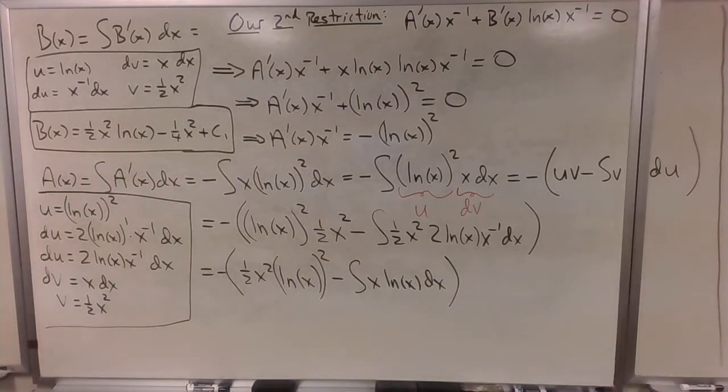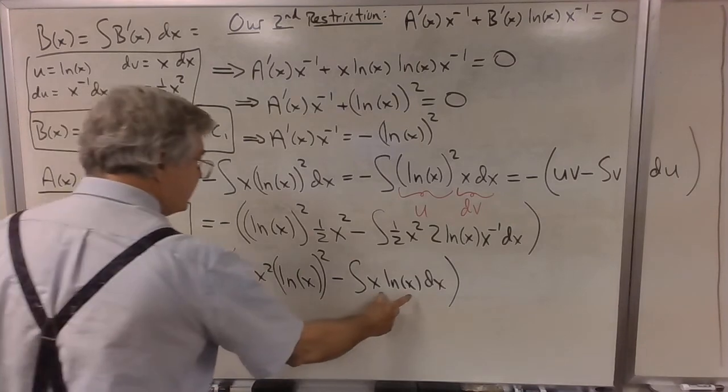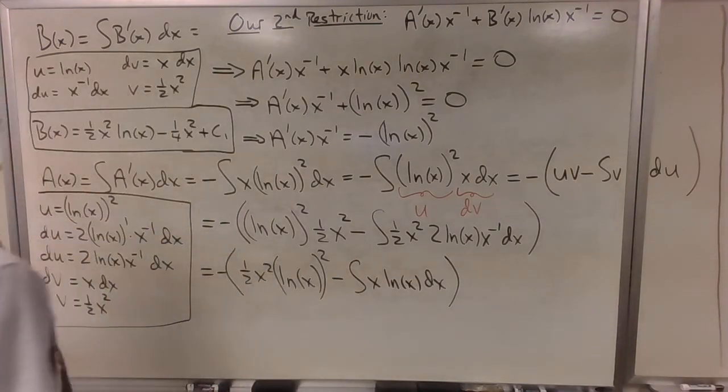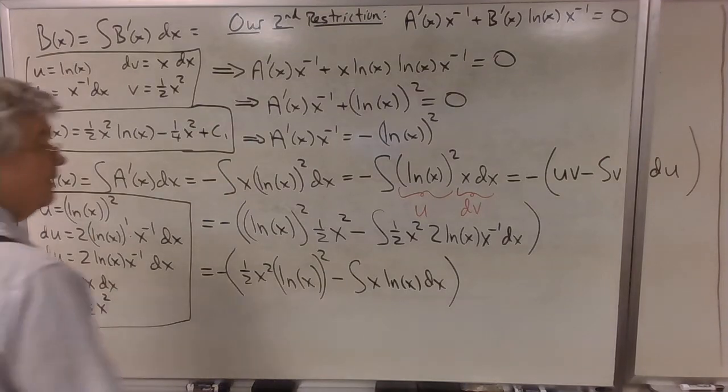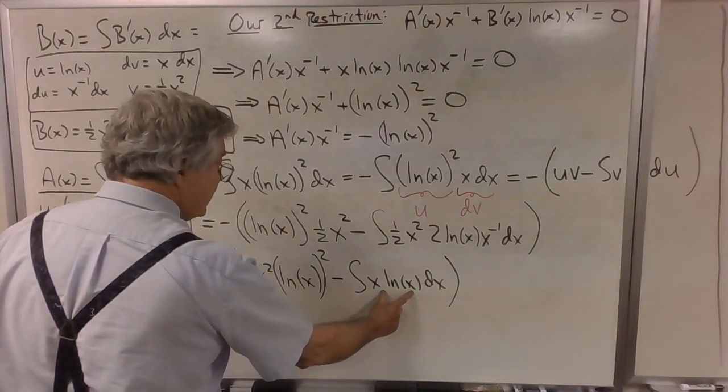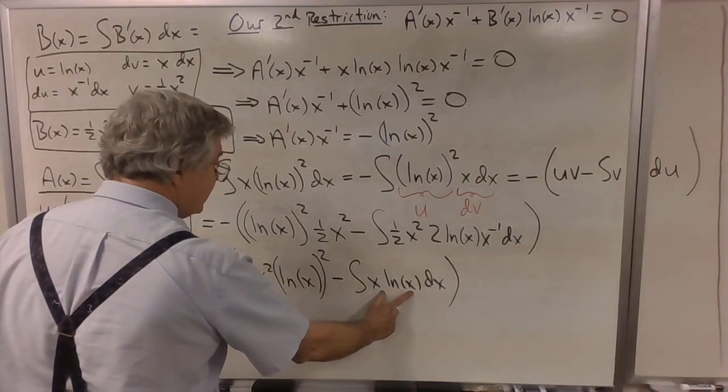And it looks like integration by parts again. But you know what? Somewhere I integrated x natural log of x in order to compute b. As a matter of fact, b prime was x natural log of x.